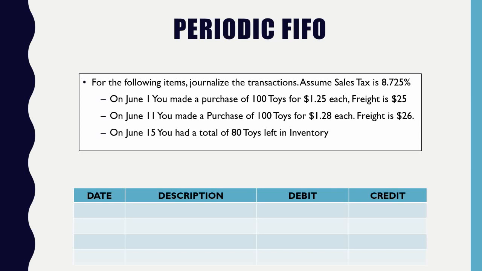So you will always be given your total ending inventory, because someone is going to physically go down to the basement and tell you you only have X amount of items left in inventory. Okay, so ending inventory will always be given.